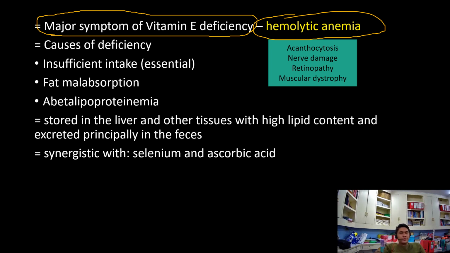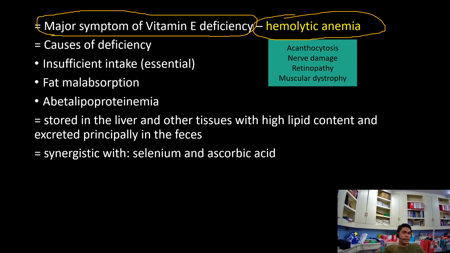Vitamin E deficiency will also exhibit acanthocytosis, or the presence of acanthocytes. These are cells that are no longer smooth in form, but have thorn-like structures because of oxidation of the cell. It can also cause nerve damage because of oxidation, retinopathy, and muscular dystrophy.